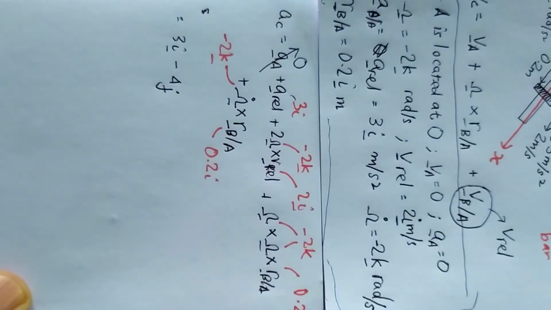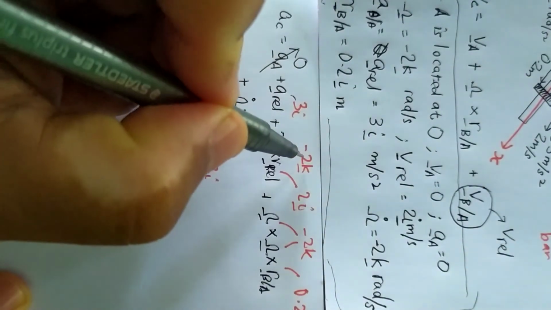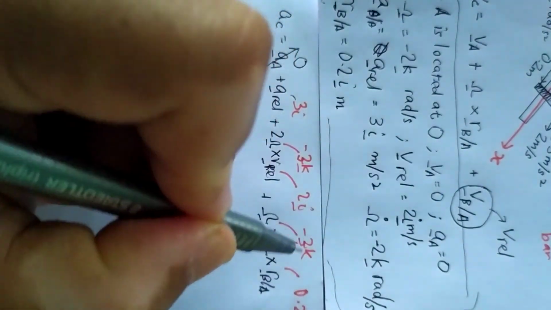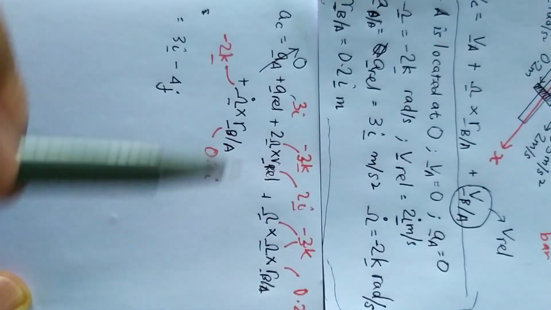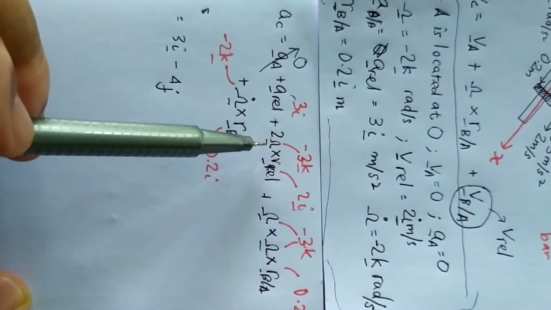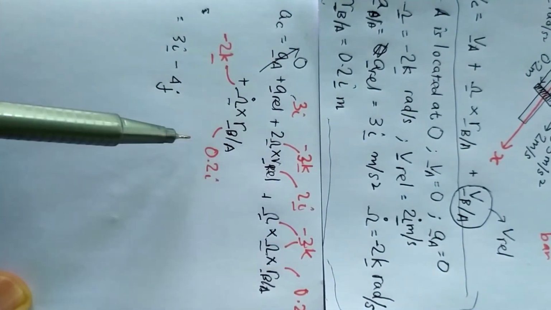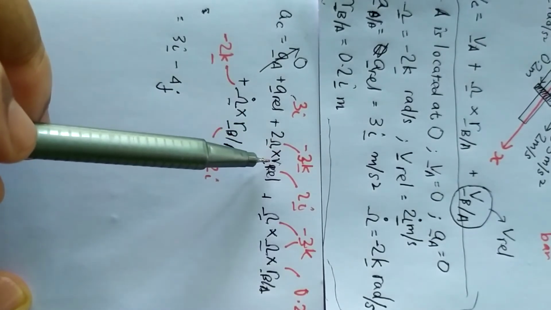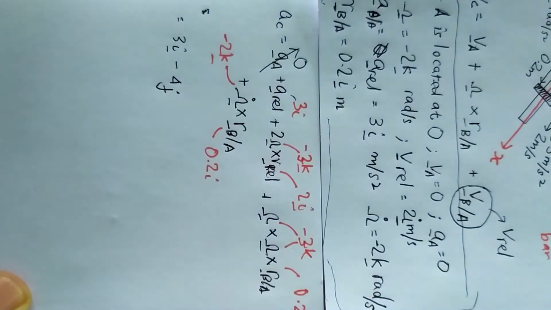No, sorry, the omega is 3 radians per second, so this is minus 3. So 2 times 3 is 6, 6 times 2 is 12, so minus 12J.